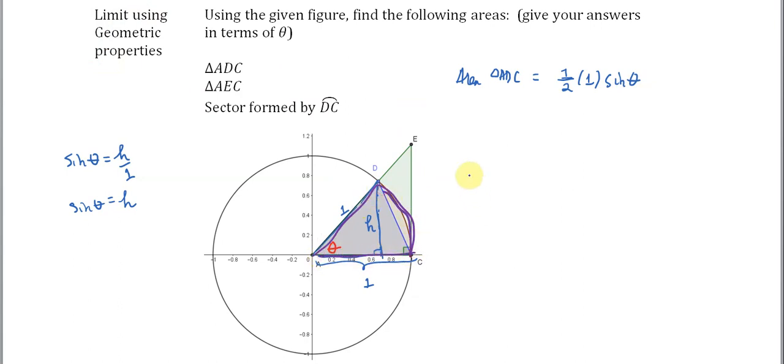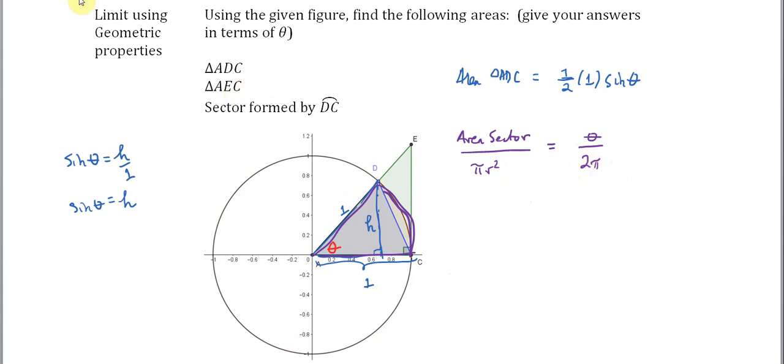And the area of a sector divided by the area of the circle, which is pi r squared, is equal to the arc measure of that sector, of arc DC. So in this case, it's just theta over 360 degrees, or 2 pi radians. We're high-level math learners, so we're going to go with radians instead of degrees.